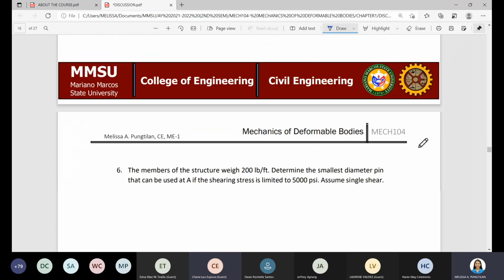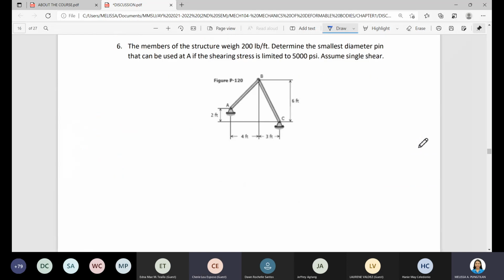So, proceed tayo sa example number 6. The member or the members of the structure weigh 200 pounds per foot.